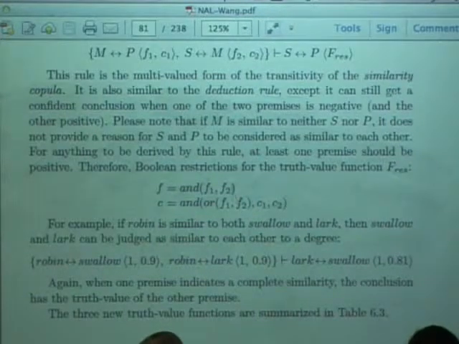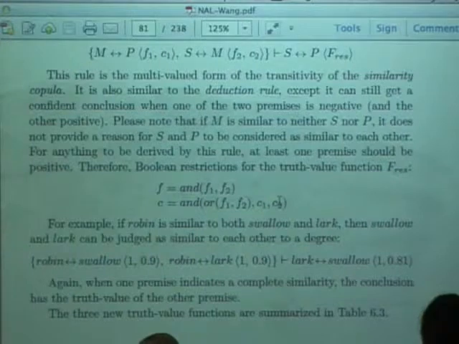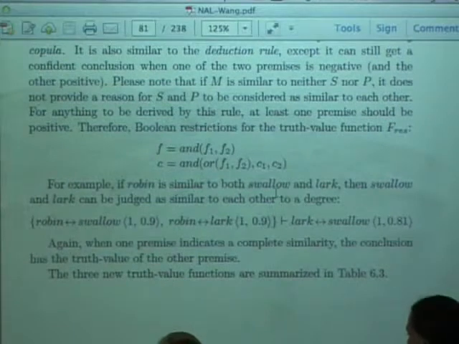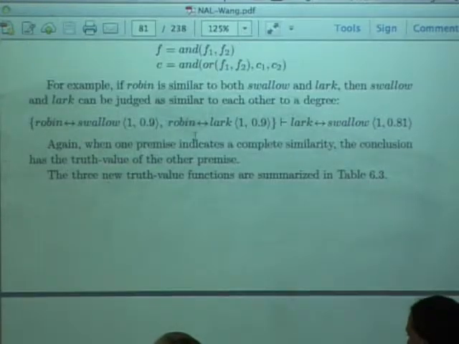In that case, you see this will be 0. Okay? And this can still be very close to 1. So it can give you a very strong negative conclusion, which, as I actually already said before. So you see, if A and B are very similar to each other, okay? And B and C are very different, then A and C will be judged to be very different. Okay? It's possible to have a strong negative conclusion. Other than that, you see, it's not that different from deduction.